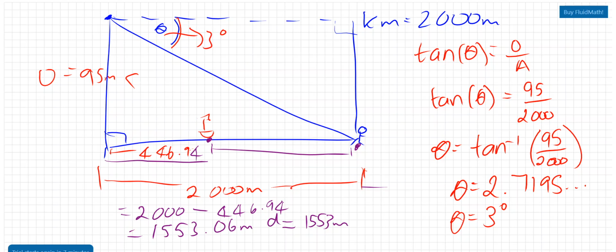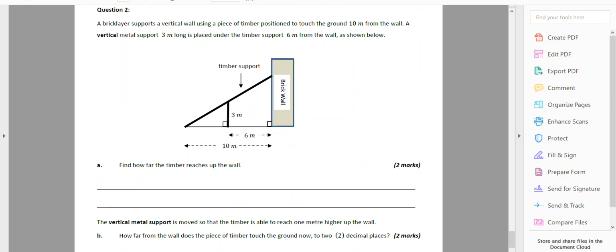Okay, so the last question on the test was a very tricky question, and not many of you got this one right, which is okay because it was tricky. So let's go through it. A bricklayer supports a vertical wall using a piece of timber positioned to touch the ground 10 meters from the wall. So there's our 10 meters.